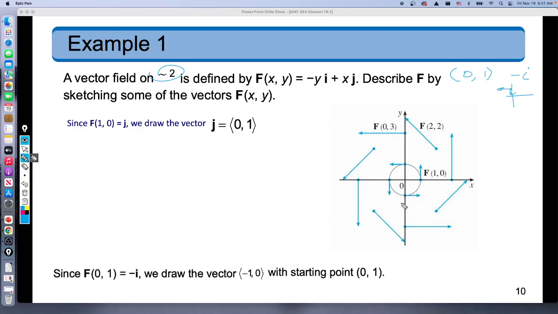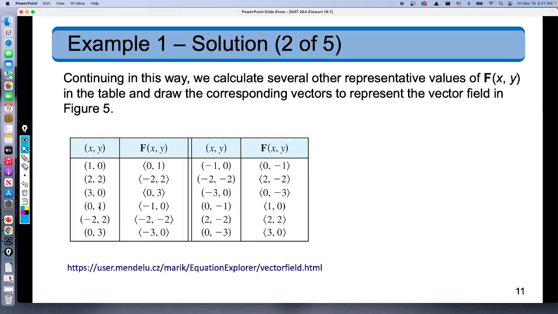Things are moving in a circular pattern. And then they do 0, 1, we get minus i, and they start plotting all of these. Just like we do with regular graphs, we could plot multiple points, plug them into the function, get the vector, and then draw the vector.